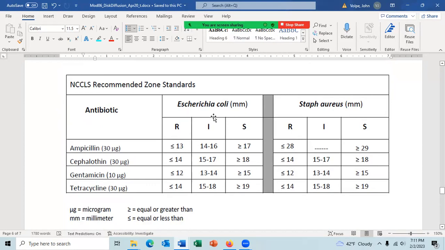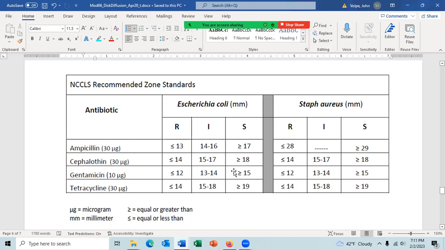So for E. coli, for ampicillin, if the zone of inhibition is 13 millimeters or less, the E. coli is considered to be resistant to the ampicillin. If the zone of inhibition is 17 millimeters or greater, then we say that the E. coli is sensitive to ampicillin. And then it's intermediate if in between.